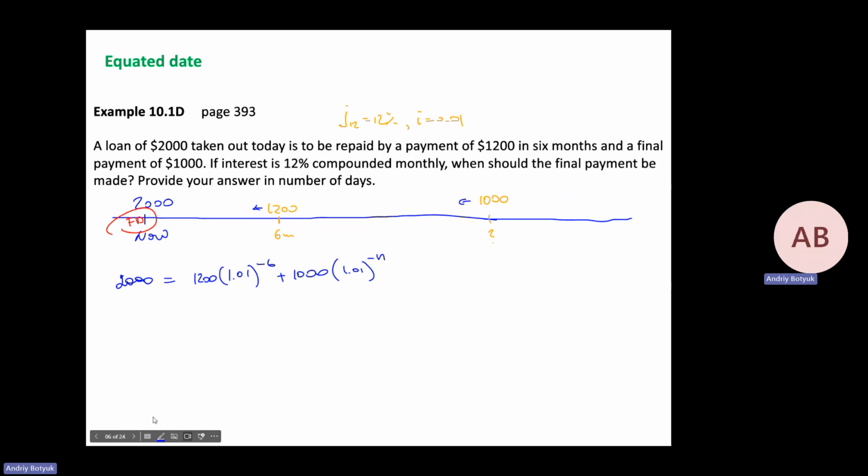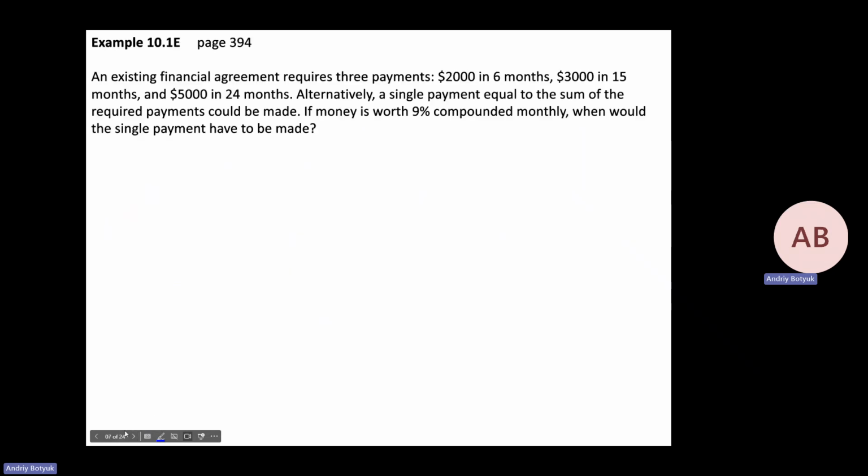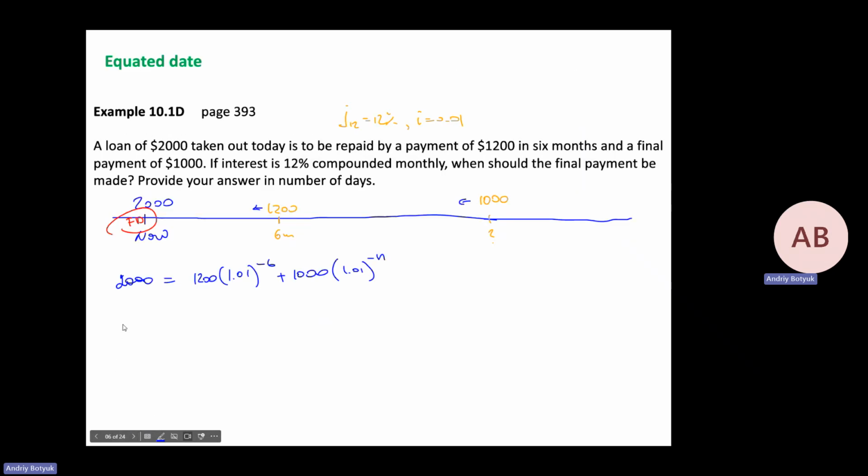And now, people, the interesting game starts. Okay, I don't have an extra page, so we'll squeeze it here. Let's calculate everything we can. So I have 2,000 equals 1,130.45 plus 1,000 times 1.01 to the negative n.